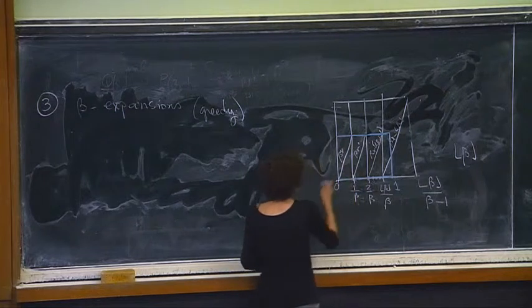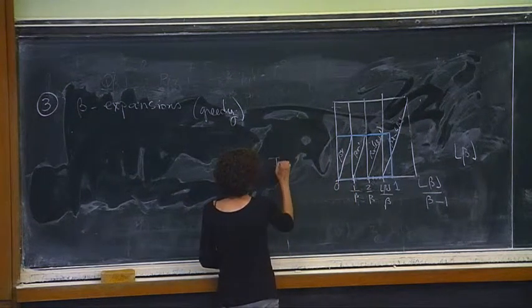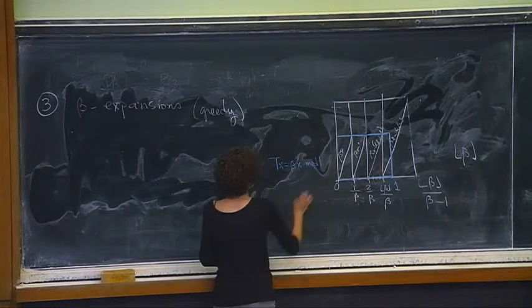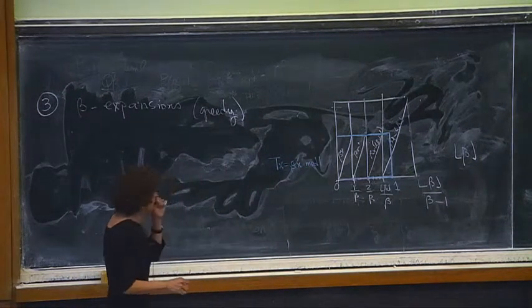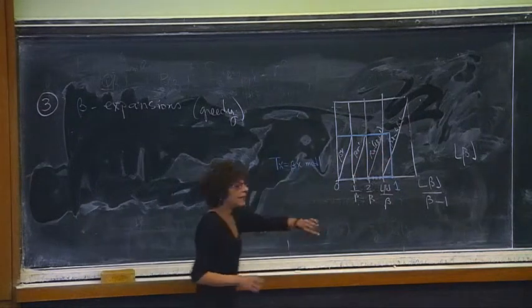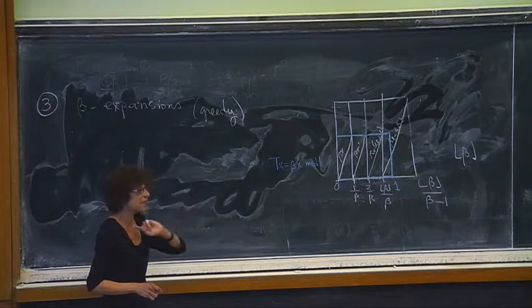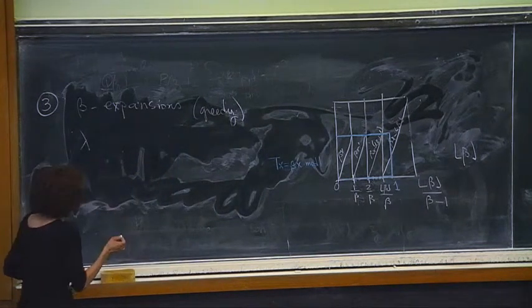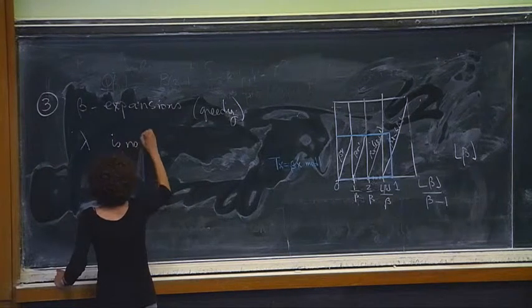And on the blue part, the map is simply beta x modulo 1. And also, because I don't have a complete line here, it's really very easy to see that Lebesgue measure, which I usually denote by lambda, is not T invariant.